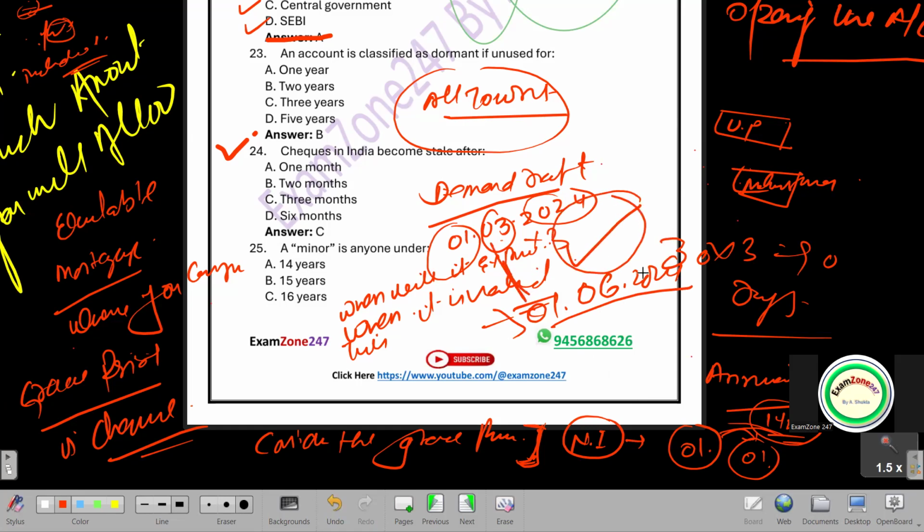If it is presented after that, the check will bounce and it will be marked as a stale check. Then, what are the remedies after the bounce? Can a stale check be represented or not?